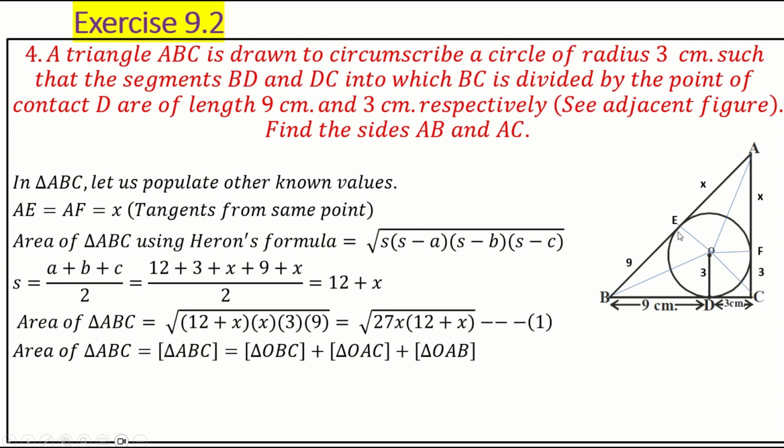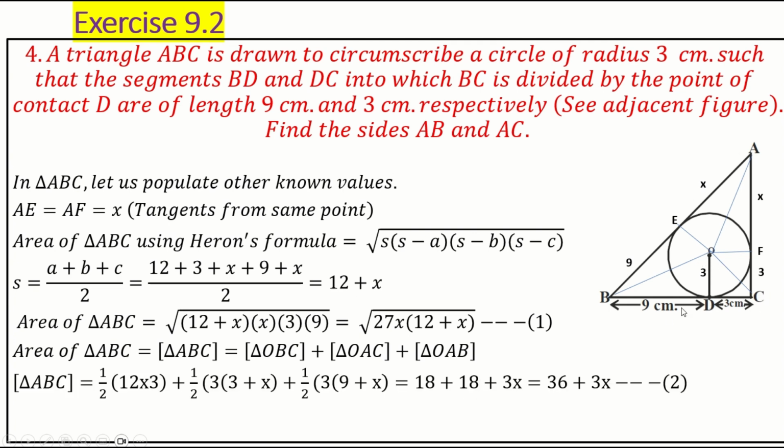Because this radius makes 90 degrees with the line, so this is the altitude of the triangle. So each one will take 12 into 3 by 2, 9 plus x into 3 by 2, 3 plus x into 3 by 2. If you sum up all these things, what you will get is 36 plus 3x.